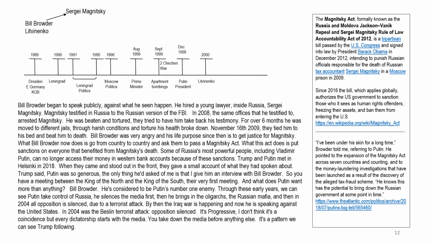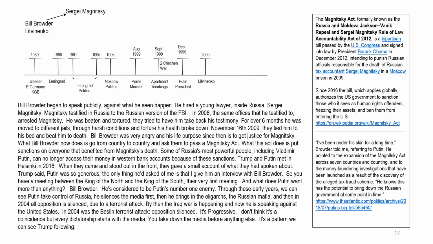Since 2016, the bill, which applies globally, authorizes the US government to sanction those who it sees as human rights offenders, freezing their assets and banning them from entering the US.